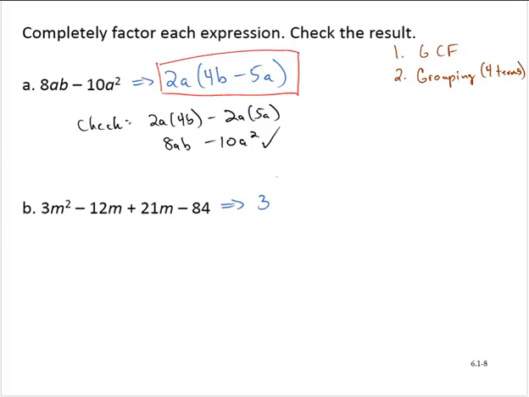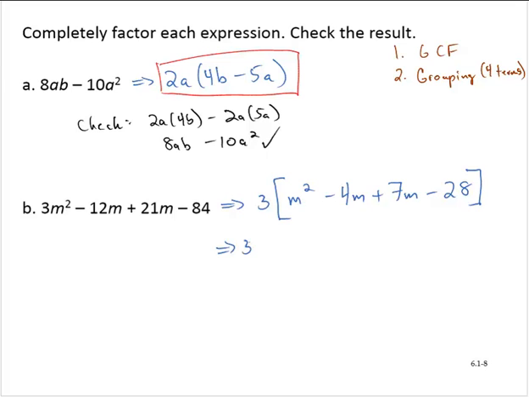So we have 3 times, I'm going to use a big bracket here, m squared minus 4m plus 7m minus 28. I've taken out the common factor, now I'm going to use grouping.